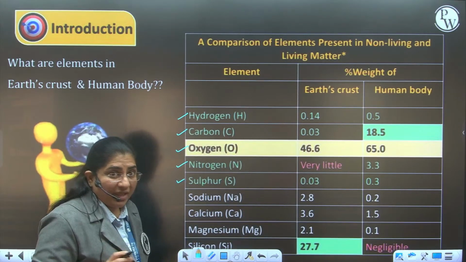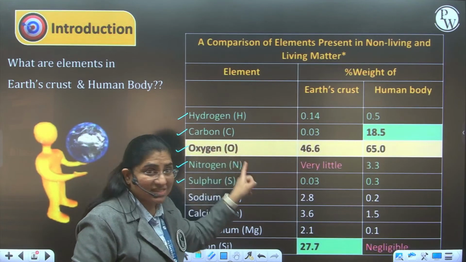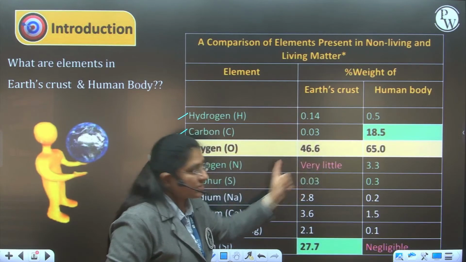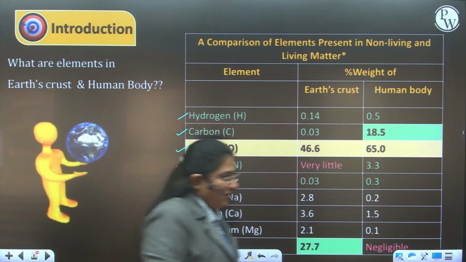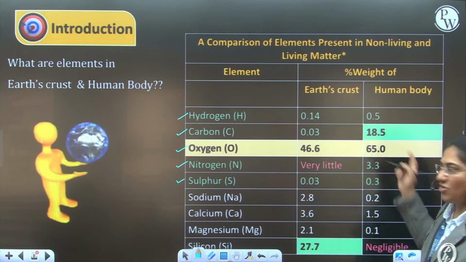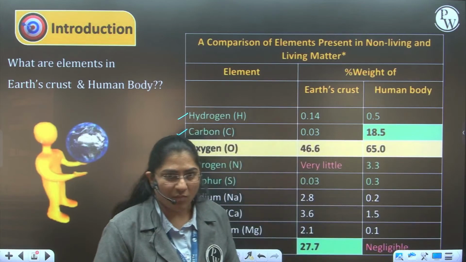But if you pay careful attention to the table, you will find that when we talk about oxygen, in the Earth's crust the most abundant is oxygen. Similarly, in the human body also, the most abundant is oxygen. So this can come as our MCQ, which you need to remember.